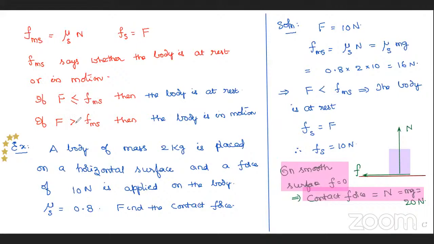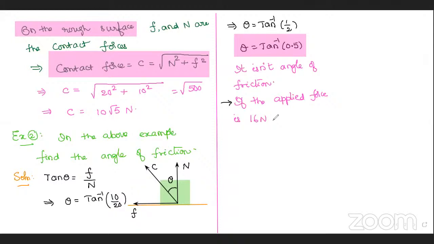Yes, you are right. Not in motion. F is equal to FMS. Motion means it should be greater. It is still at rest, but about to slide, ready to slide. So when applied force is equal to 16, that is F is equal to FMS.